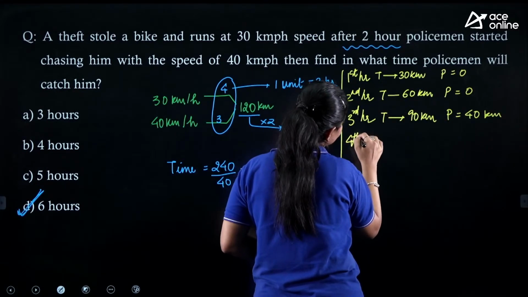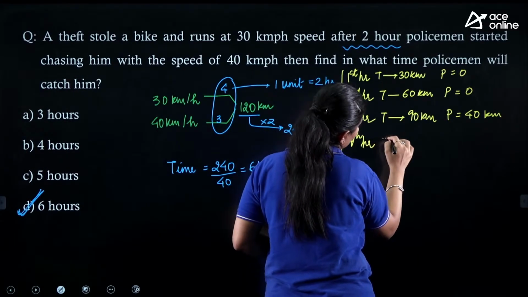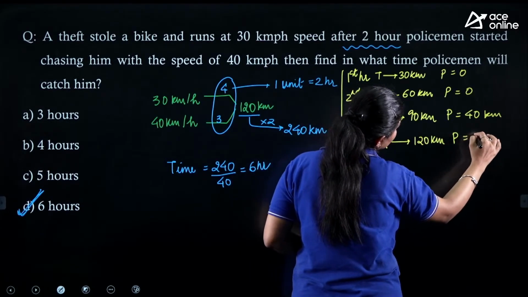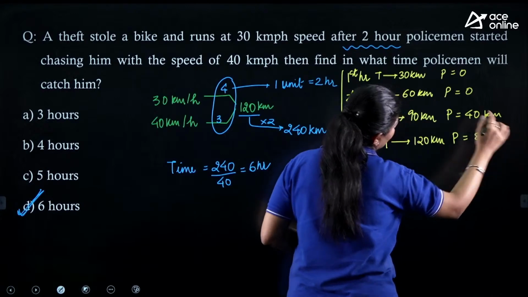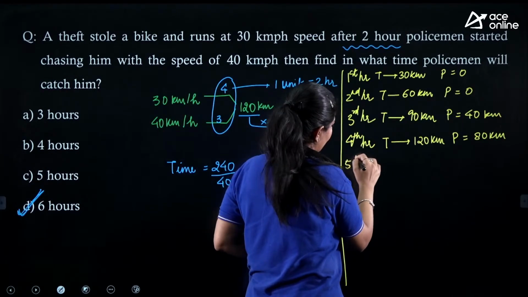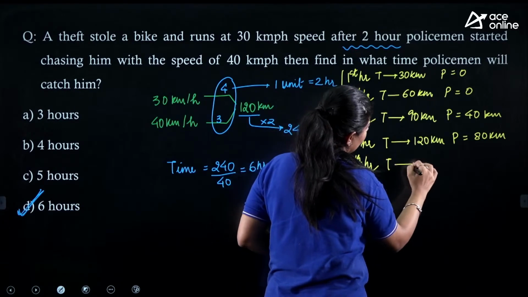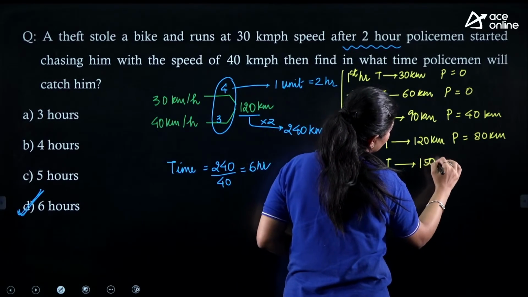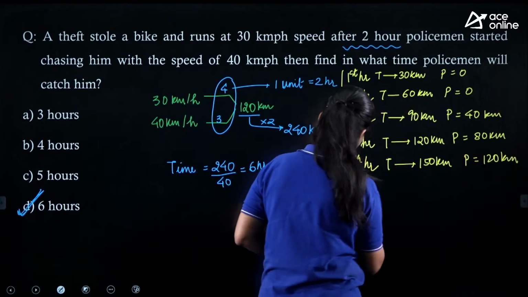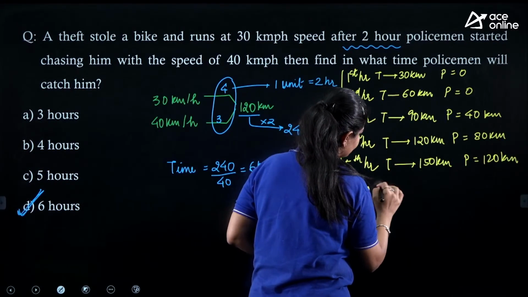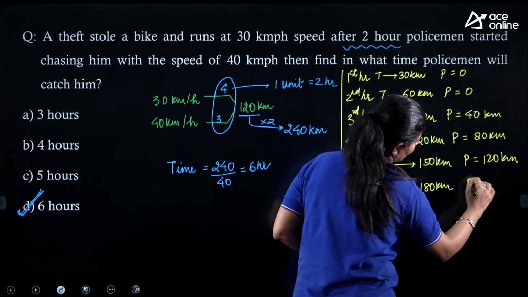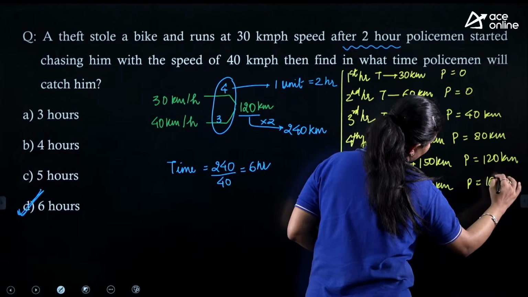Fourth hour, thief 120 kilometers, police 80 kilometers. Again, we are just adding the values as we are having the speeds. Fifth hour, thief 150 kilometers, police 120 kilometers. Sixth hour, thief 180 kilometers and police 160 kilometers.